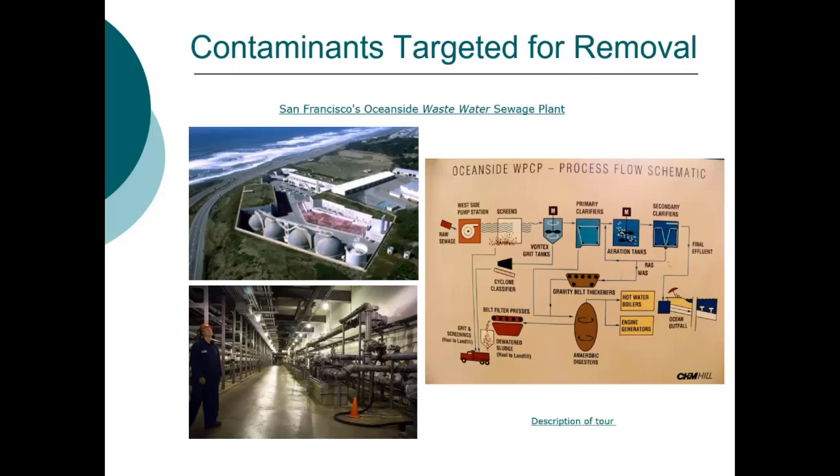We'll look at a number of facilities. I'm going to try to move back and forth between some of these processes and some videos to better show you the process, since we won't be able to tour a facility.